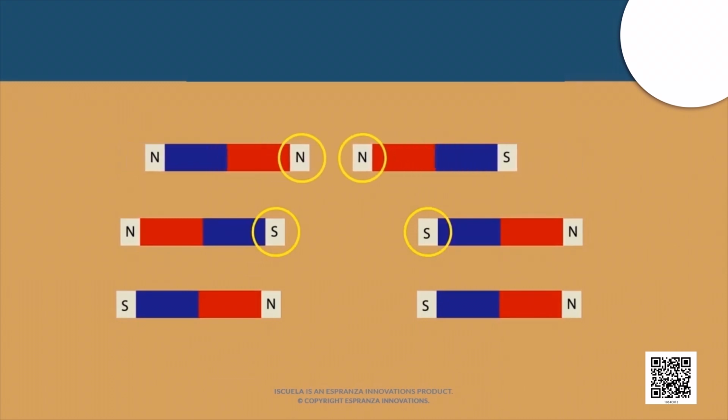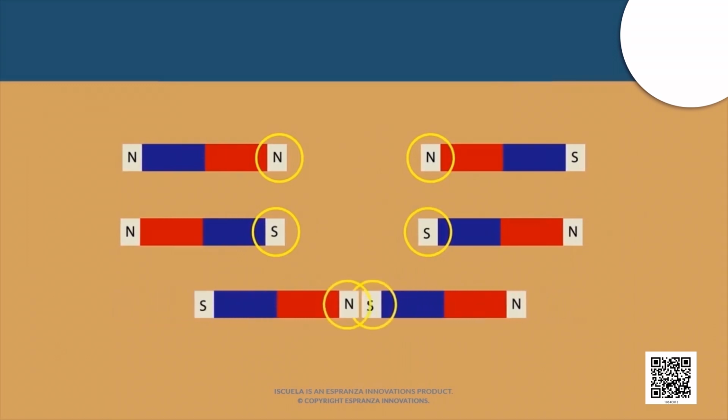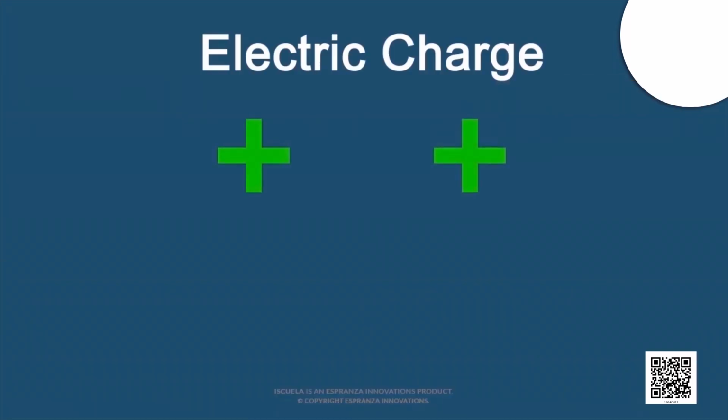Like poles, that is north pole and north pole, or south pole and south pole, repel each other, while unlike poles, that is a north pole and a south pole, attract each other. Similarly children, like charges, that is a positive charge and a positive charge, or a negative charge and a negative charge, repel each other. But unlike charges, that is a positive and a negative charge, will attract each other.